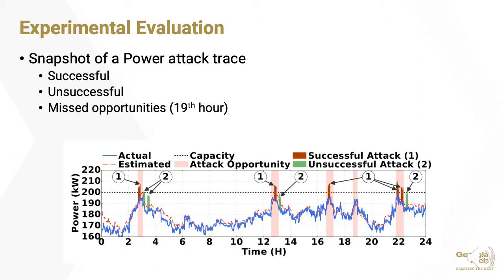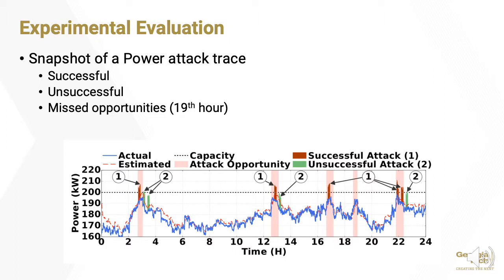There are also unsuccessful attacks, labeled as 2, due to overestimates of the benign tenant's power demand, and the increase in the attack load fails to overload the design capacity because of that underestimated power demand.